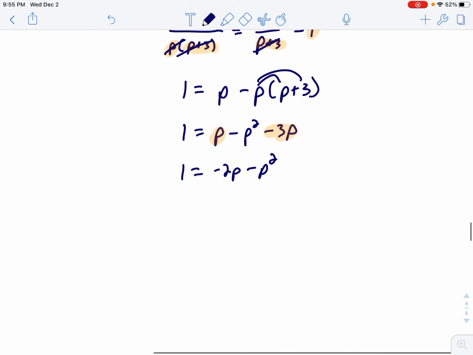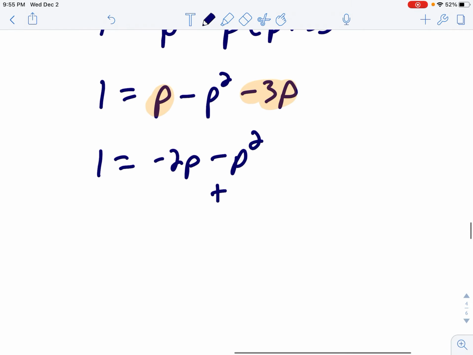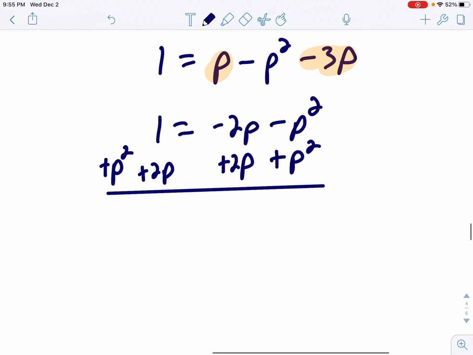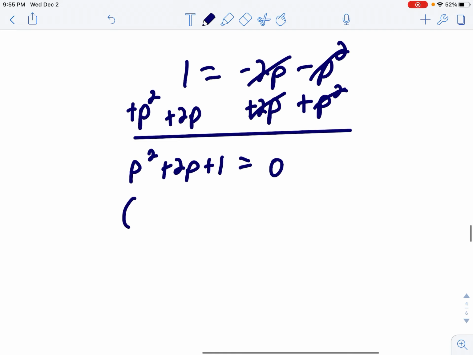Again, we have a quadratic. We need one side to equal 0, so I'm going to go ahead and add p squared to bring it over to here. And I'm going to add 2p. So that's going to give me all my terms on the left, p squared plus 2p plus 1. And everything cancels over here, 0. This is pretty easy to factor, isn't it?